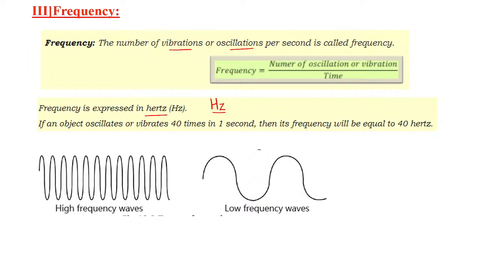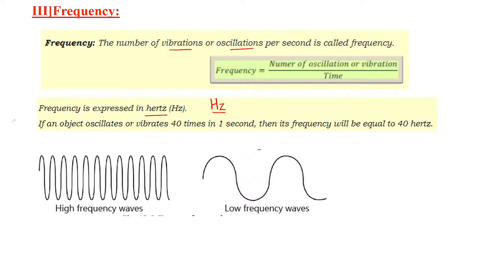That's the unit of frequency. If an object oscillates or vibrates 40 times in 1 second, then its frequency will be 40 hertz. Now there is a formula, like how we did for the time period: frequency is the number of oscillations or vibrations upon the time taken.